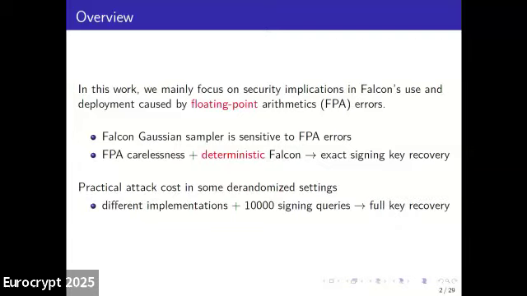So in our attacks, for some de-randomized settings, one can mount a full key recovery within 10,000 signing queries by calling some different implementations. In other words, if one can query the same signature twice, they can mount a key recovery with non-negligible probability.